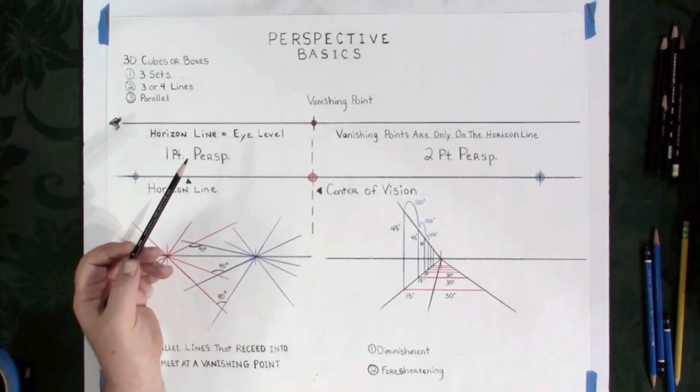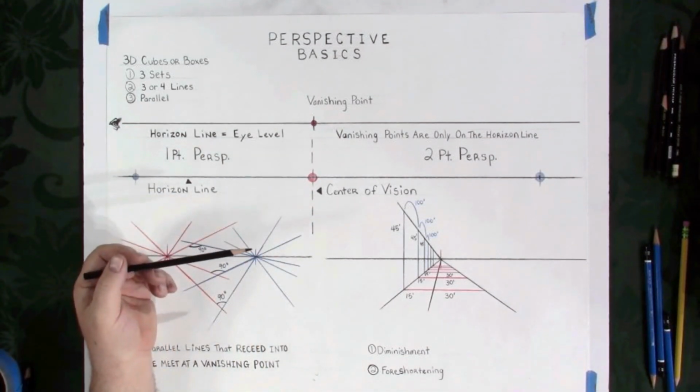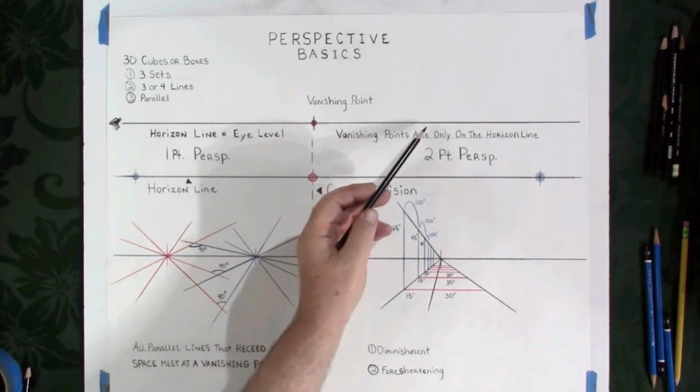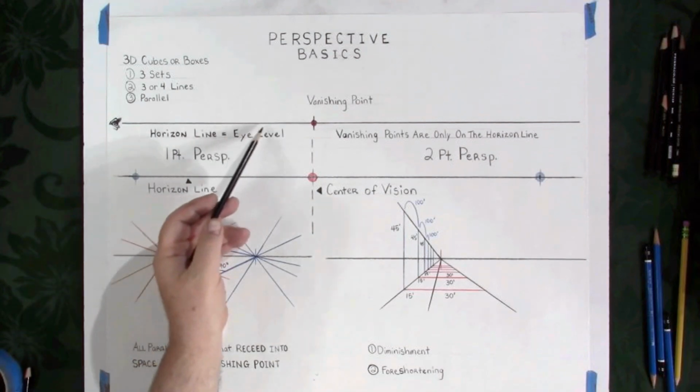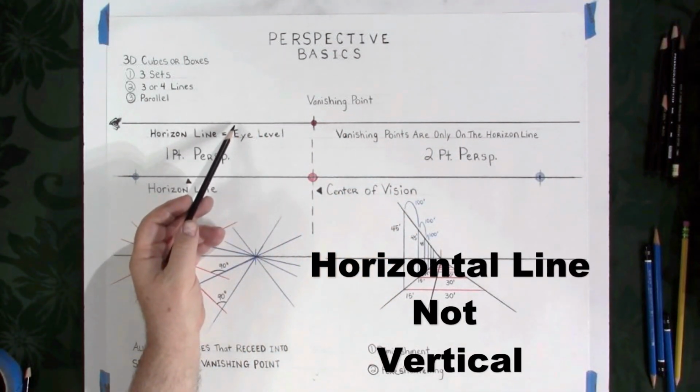Now, something we also want to remember with the horizon line is that this line represents a line that passes through the middle of our eye. Okay?